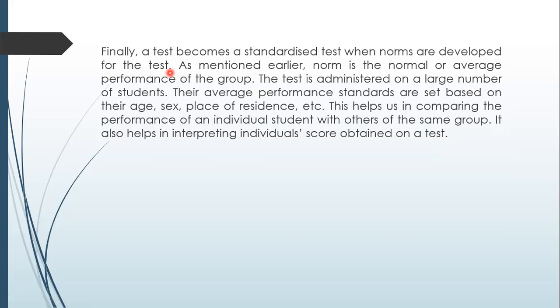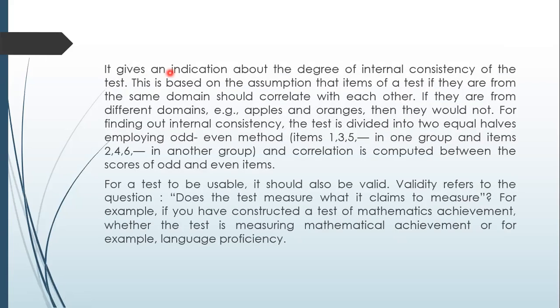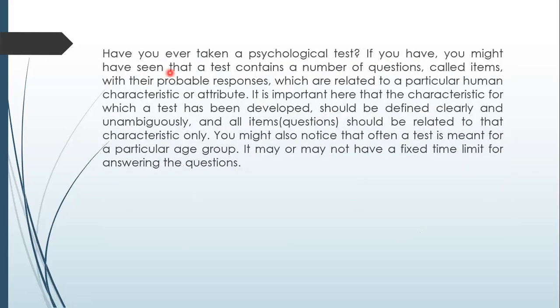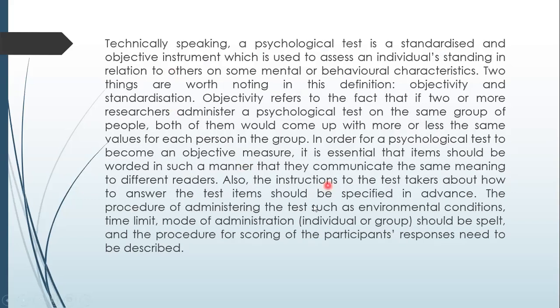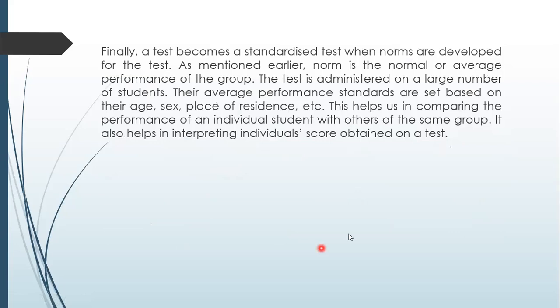If we can recall, in the instructions, norms are the instructions or the care to be taken by the interviewer or the researcher. These are conditions like age, environmental conditions, and procedures. Norm is a normal or average performance of the group.